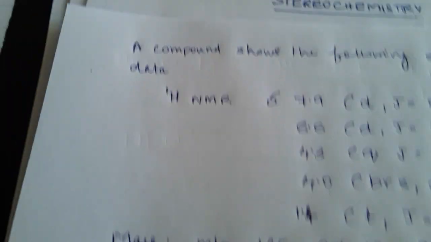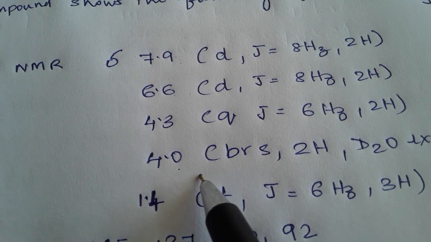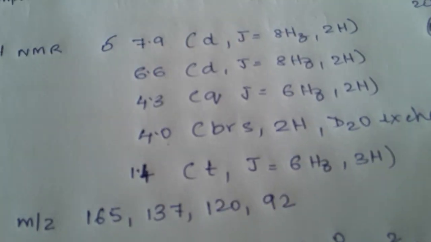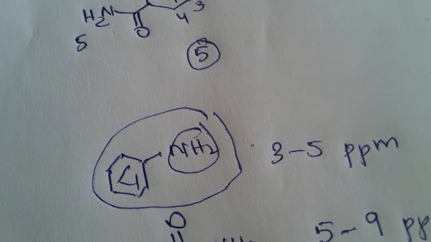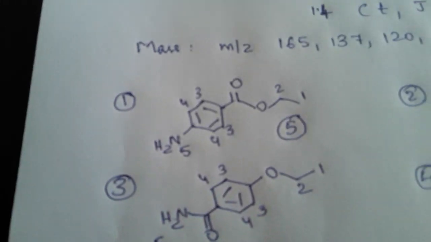If you think about the data given in the problem, a broad singlet at 4 ppm, 2 hydrogens, D2O exchangeable, you know very clearly that your structural motif has to be something like this, which is 3 to 5 ppm. So that technically rules out choice 3 as well.